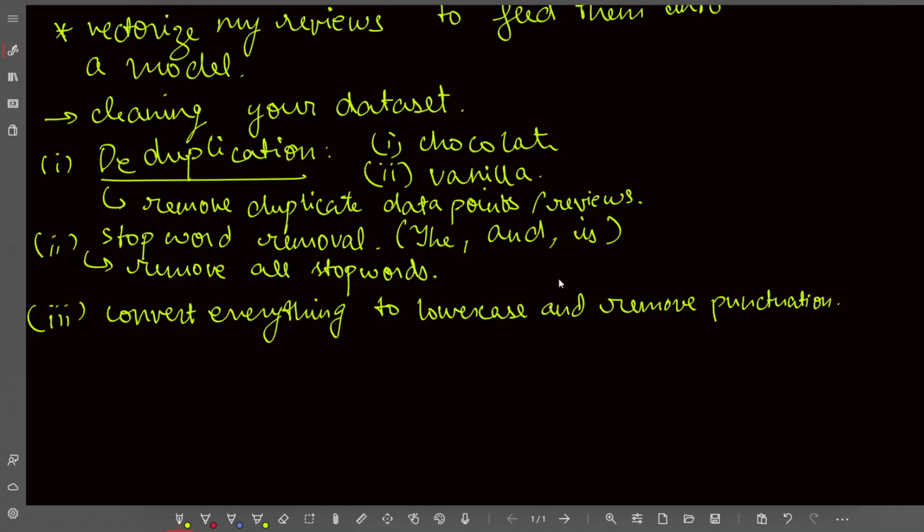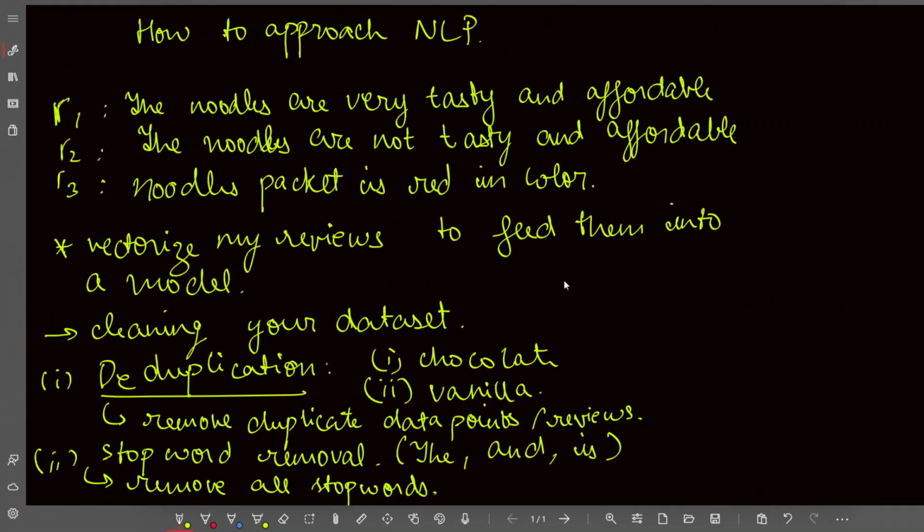You have to remove all the punctuation marks like exclamation mark or a full stop, a comma, semicolon, whatever. Again, those don't add a lot of value to a sentiment. If I put a comma here, in the noodles are very tasty and affordable, how is that comma adding any value to the sentiment of this review, right? So you want to remove all punctuation marks and everything, and you just want to clean your data.